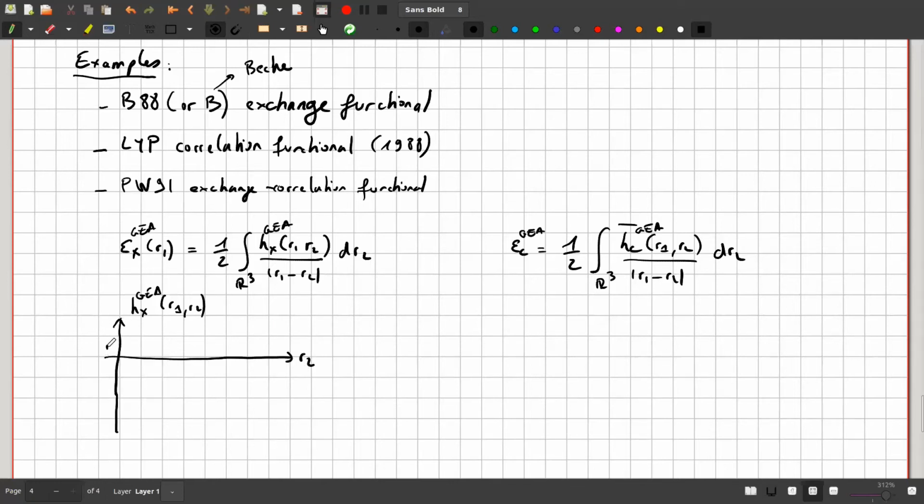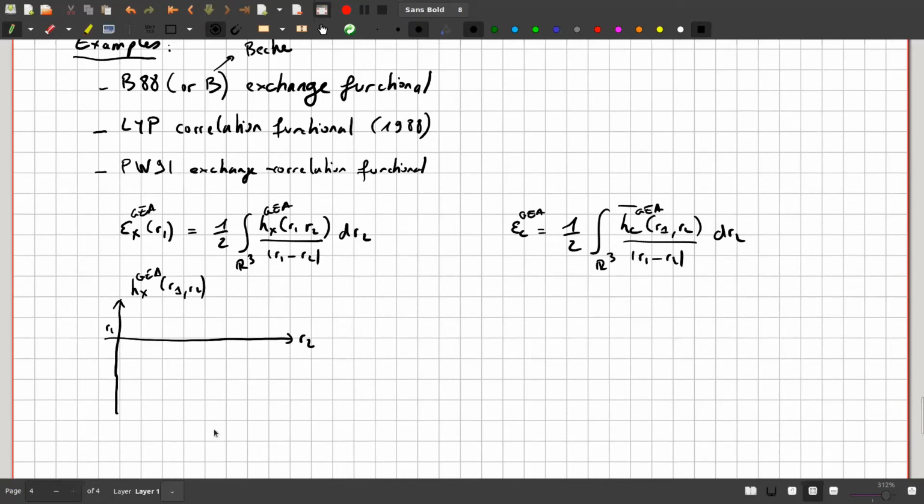Okay, so the first electron is here at r1. It looks like that. So at short range, it is reasonable. But then you have something that oscillates at long range, and also it can be positive. So that's very unphysical. Okay, because the exchange hole cannot be positive.